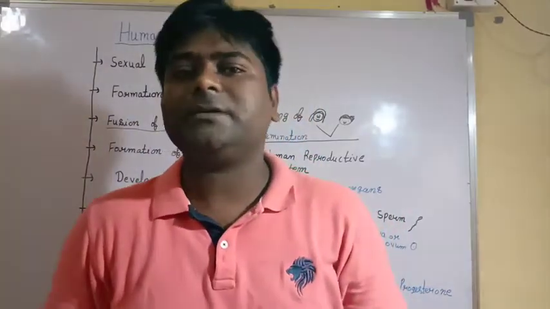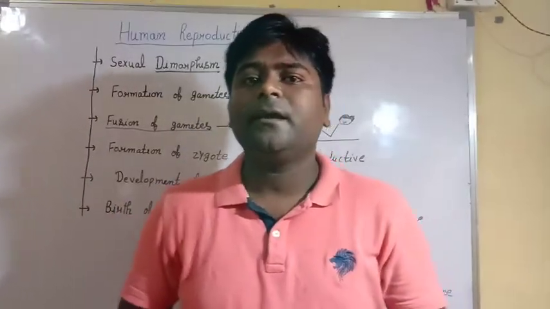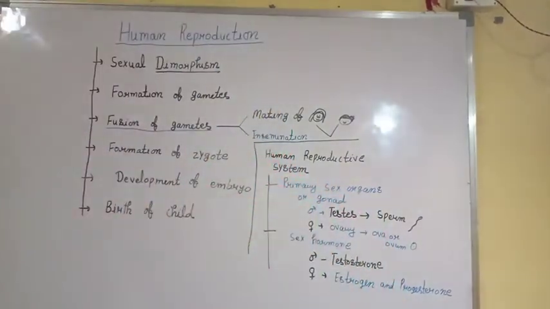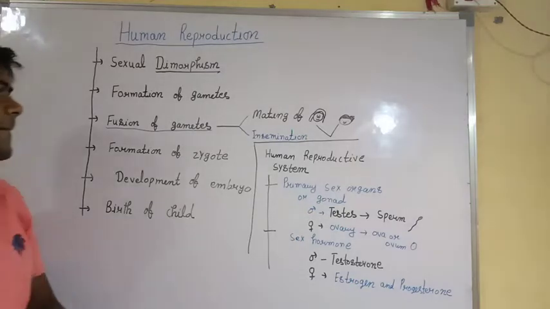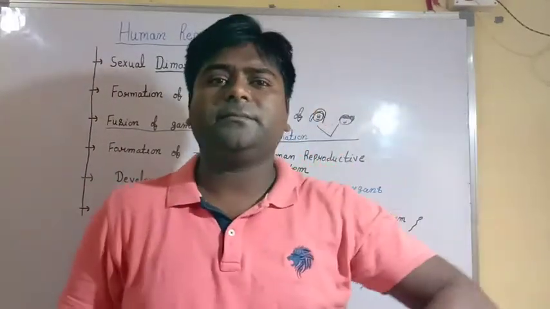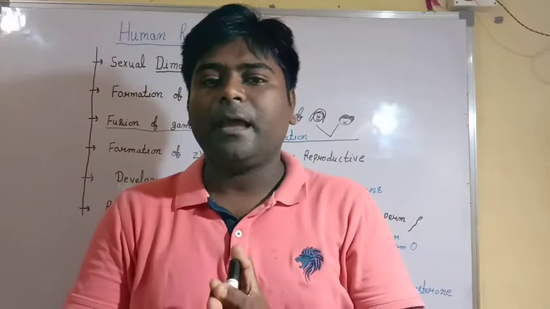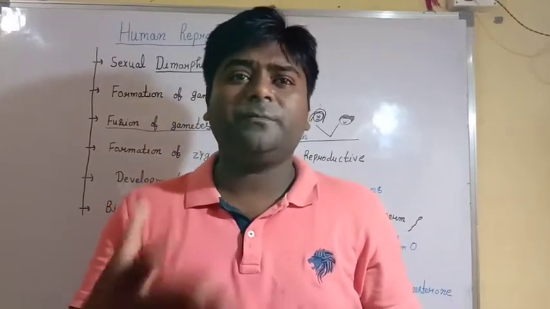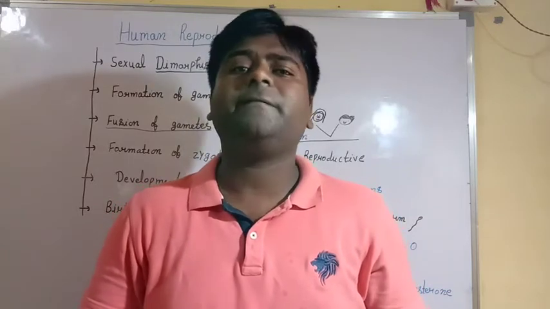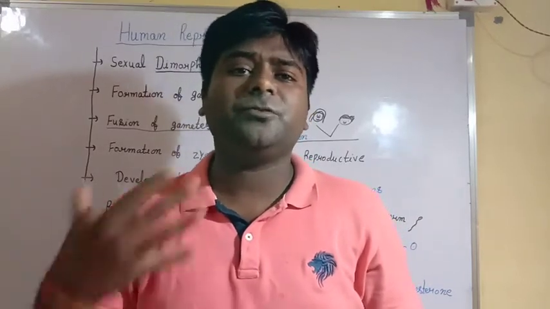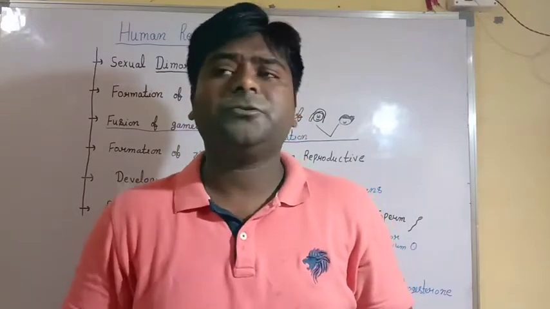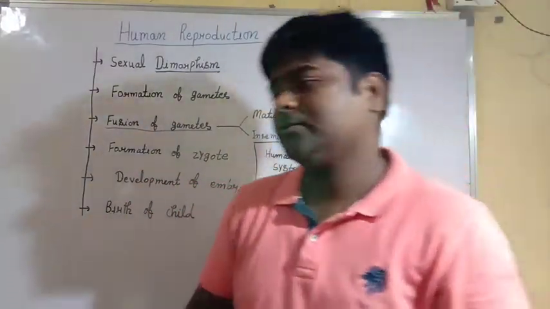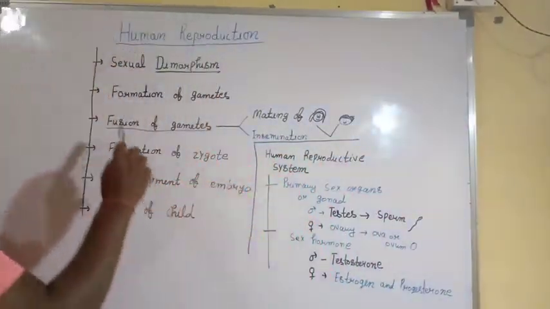The condition is the formation of gametes by meiosis, and then the gametes should meet together and fuse. After that we have the formation of zygote, development of embryo, and then birth of the child. So we have a sequence of events. It takes time, my dear students, to reproduce. So one by one we'll take them.